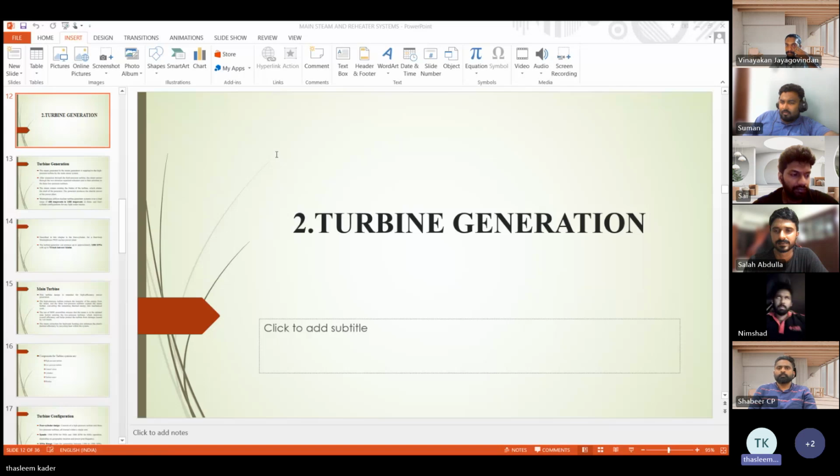There will be no resistance in the generator, and the turbine starts to accelerate rapidly, because the steam flow is continuous.